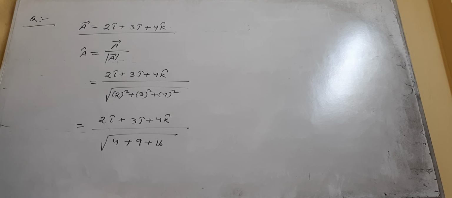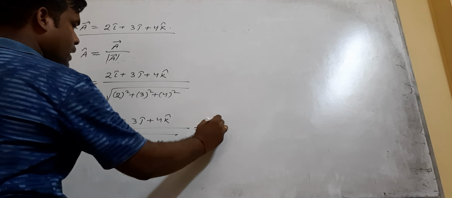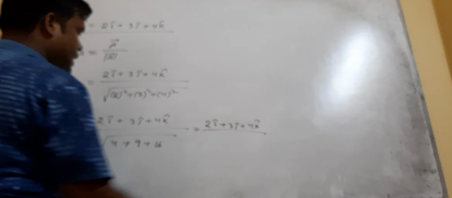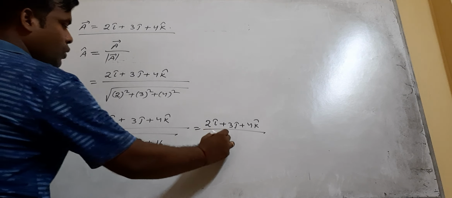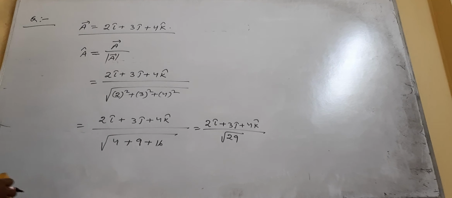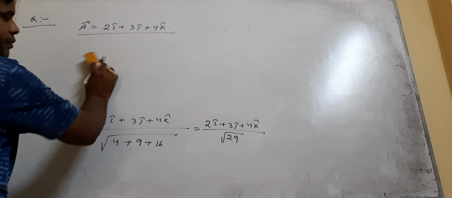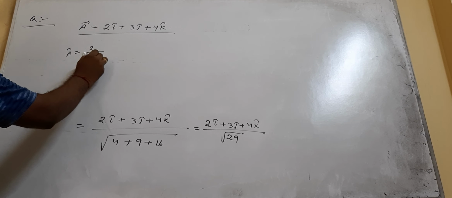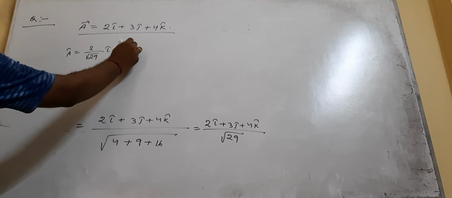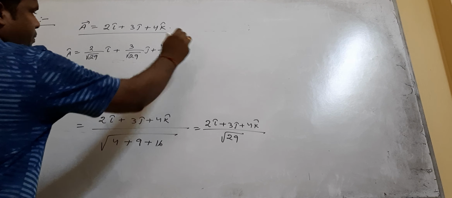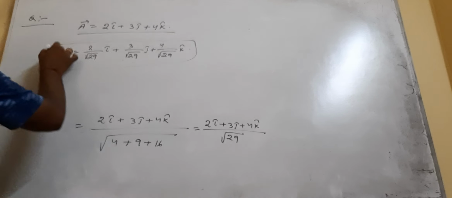So it is 2 i cap plus 3 j cap plus 4 k cap divided by root 29. Or you can write this unit vector a cap as 2 by root 29 i cap plus 3 by root 29 j cap plus 4 by root 29 k cap. It is your unit vector.